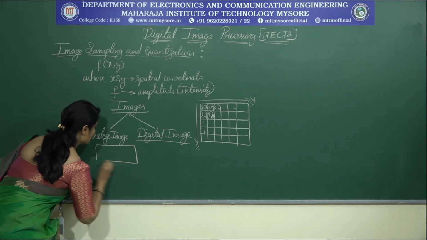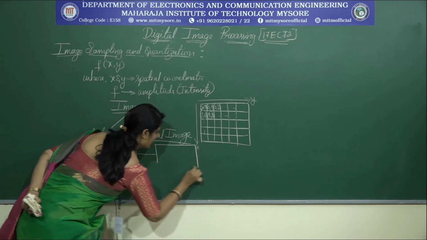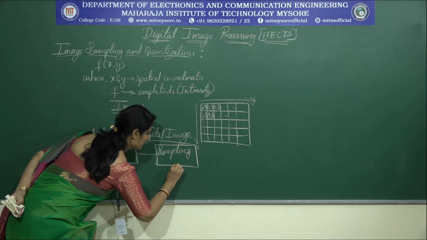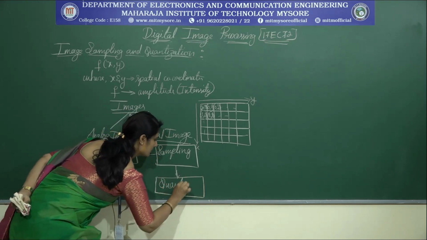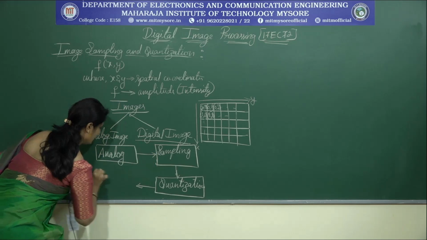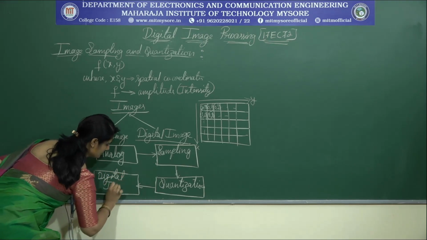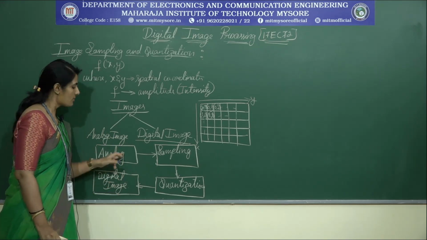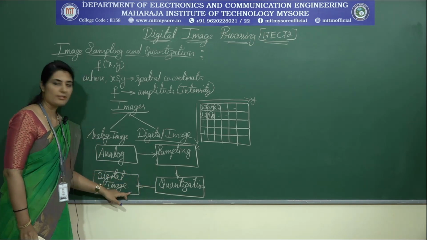To convert an analog image into a digital image, there are two intermediate processes: sampling and quantization, and it results in a digital image.